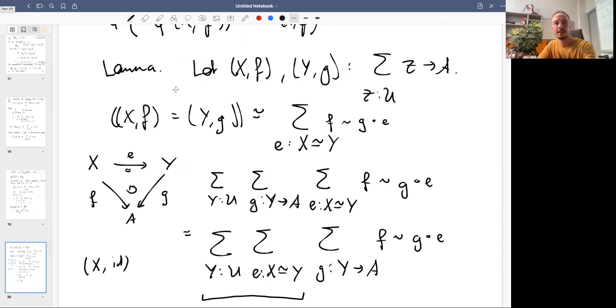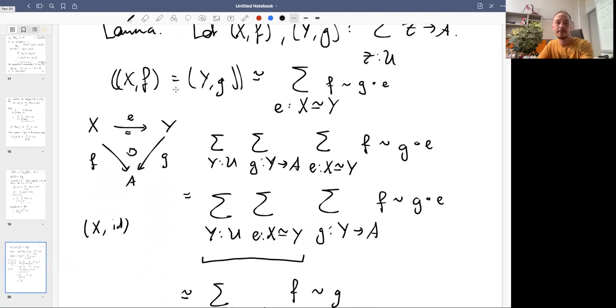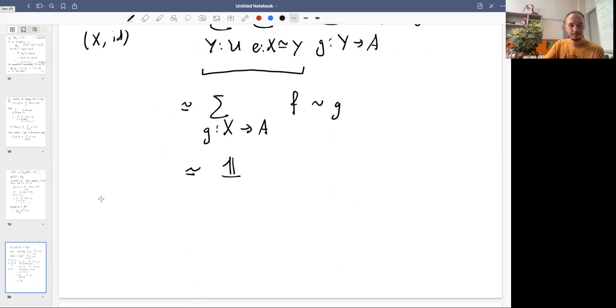And now we can finally prove that psi of phi of xf is xf. Okay, so let's do that. Psi of phi of xf. So phi of xf is the fiber of f, and then psi is the total space.